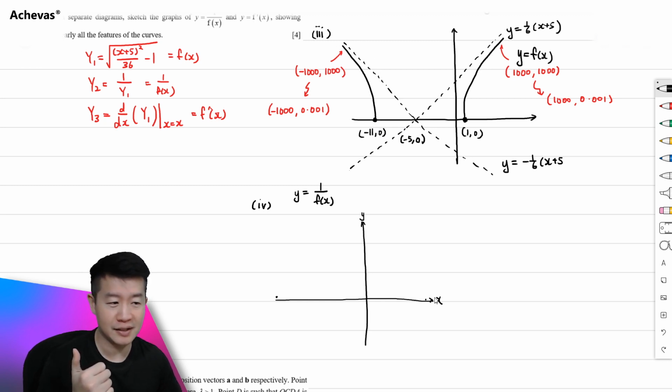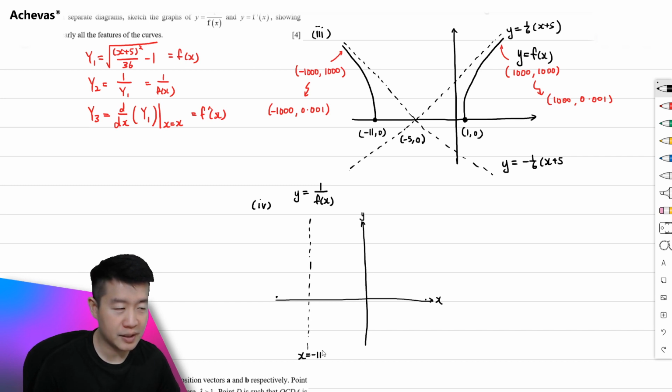So the first thing I'll do is analyze all the asymptotes. This is my analysis. The second thing that I'll do is analyze all the x and y intercepts, and there are 2 x-intercepts. x is equal to minus 11 will become a vertical asymptote. So x is equal to minus 11. Similarly, x is equal to 1 will become a vertical asymptote too. So we have this, x is equal to 1.